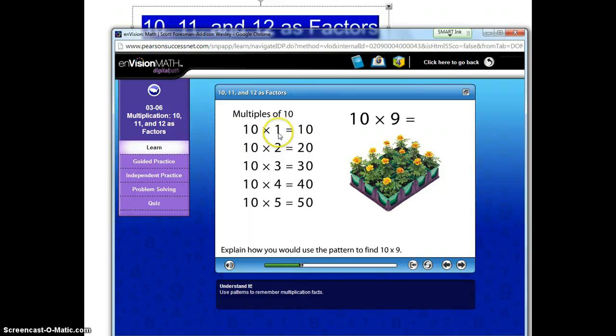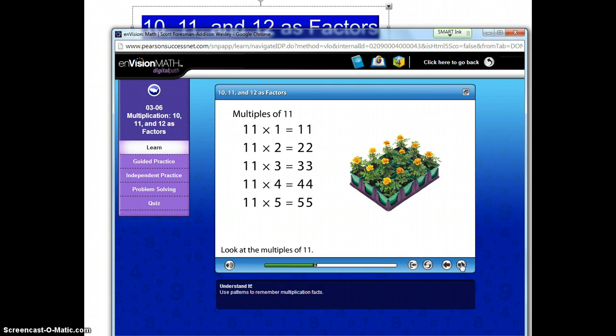Whatever number I'm multiplying, this was in the ones column, now it's in the tens column. I'm adding a placeholder. That's all I'm doing. So what would 10 times 9 be? Answer that in your head. 90 would be correct.